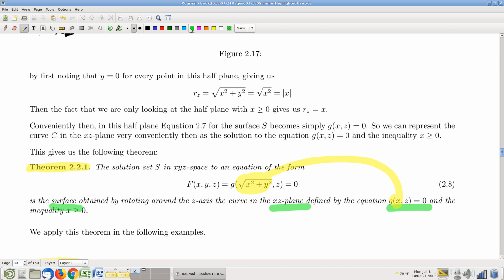And don't forget the critical inequality: x has to be positive, so in other words, only look in that half plane. Take that resulting curve, rotate it around the z-axis, and there's your surface. That's it.